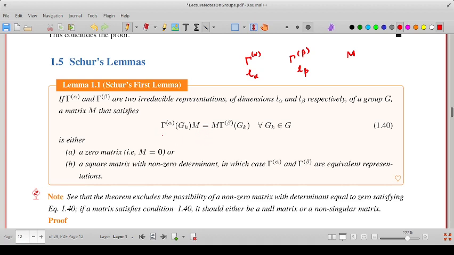And in that case, gamma alpha and gamma beta would be equivalent representations.